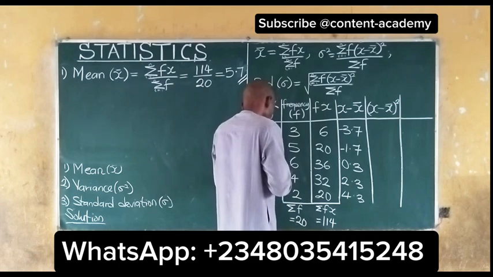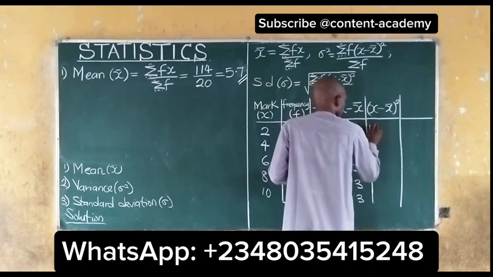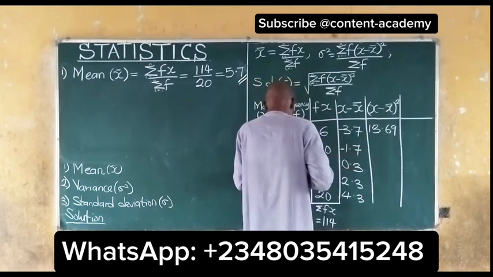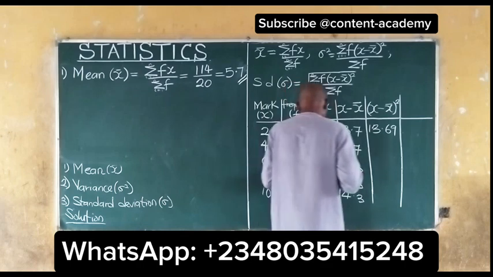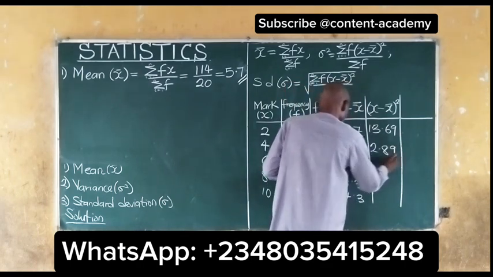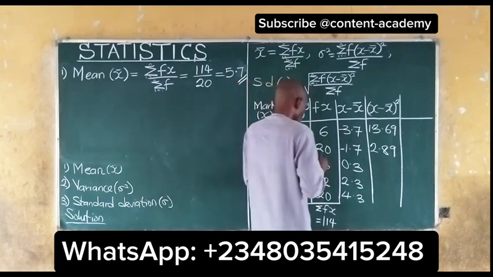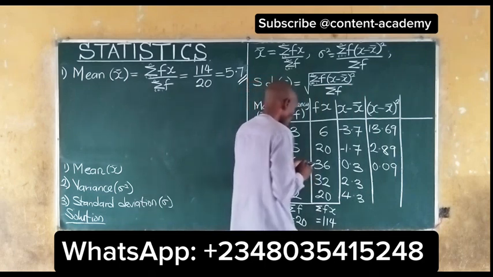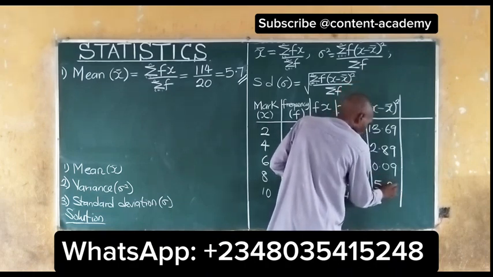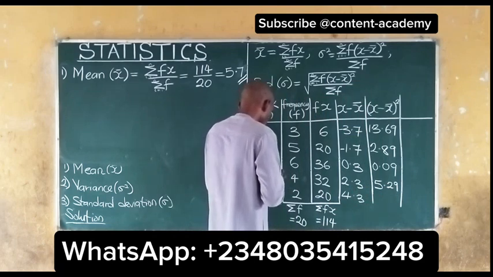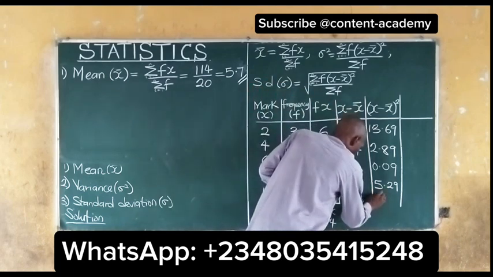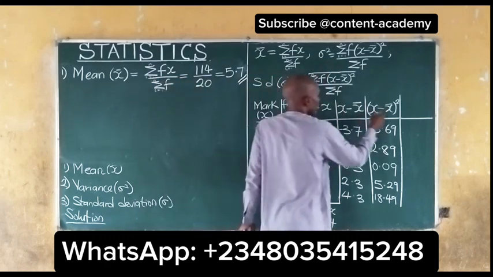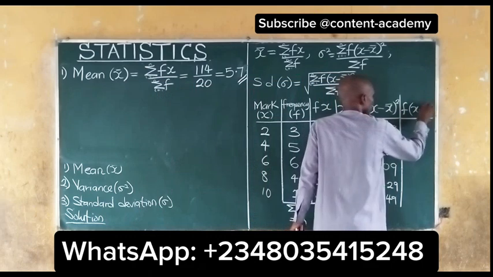Negative 3.7 squared is 13.69. Negative 1.7 squared, we have 2.89. 0.3 squared, we have 0.09. 2.3 squared, we have 5.29. And 4.3 squared, we have 18.49.